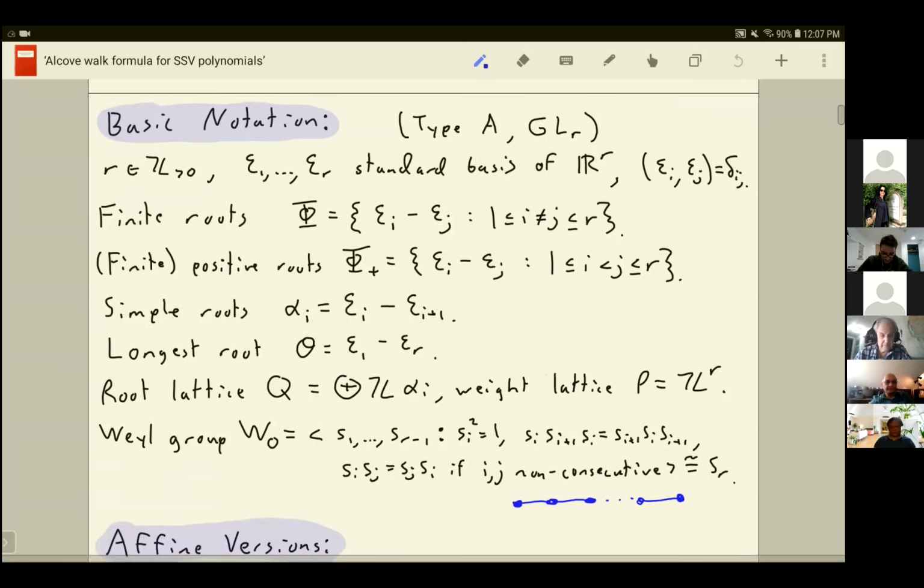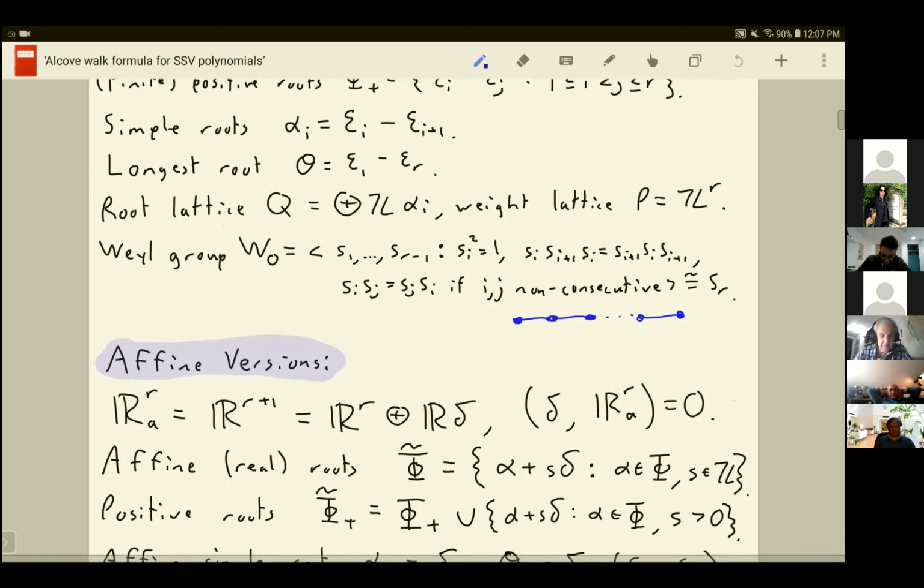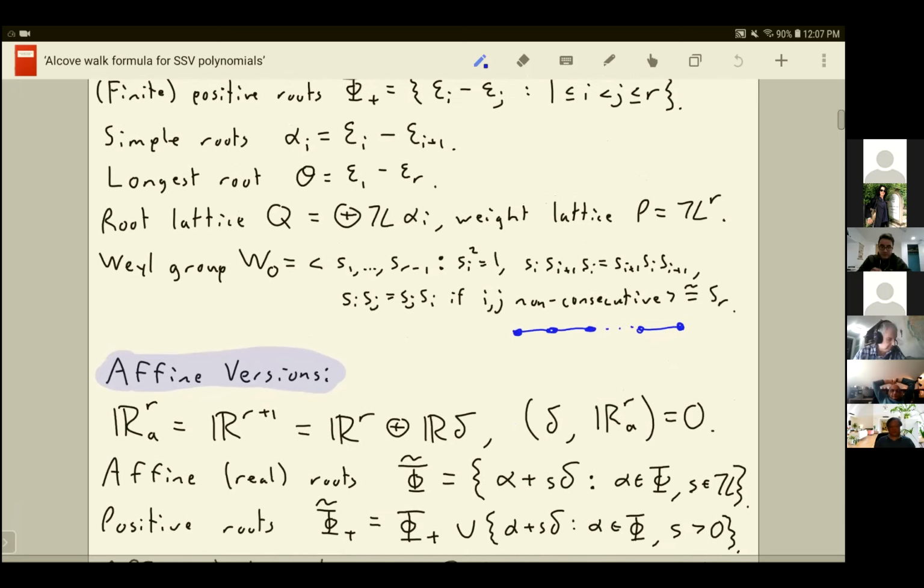Okay. And then, of course, we have affine versions of all of these things. So we can extend the Euclidean space with one more dimension. We'll call the corresponding basis vector delta, and the form is degenerate with respect to delta. We have the affine roots, which are finite roots plus some integer multiple of delta. Here, I only care about real roots because I want things you can reflect through.